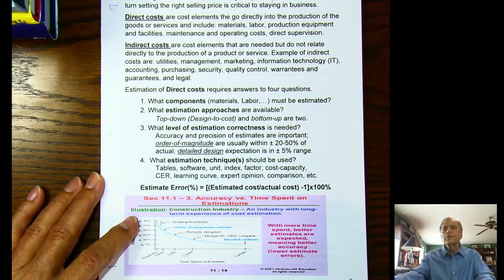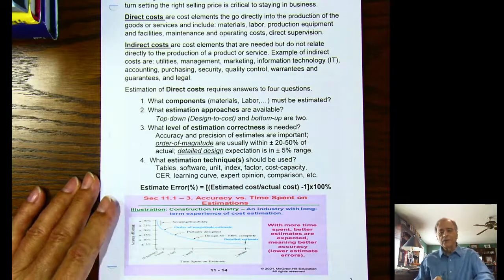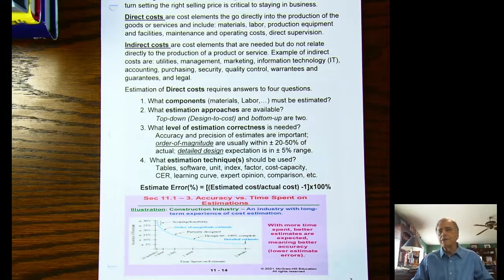For example, if you went to a realtor and wanted an estimate of how much your house is worth, a real estate agent would do comparisons. They'd say, well, this house is a little bit bigger than yours and it's in the same neighborhood and it sold for so much. Since yours is a little bit smaller, yours would probably sell for a little bit less than what that one sold for. That would be a comparison method, and that's used in real estate a lot.